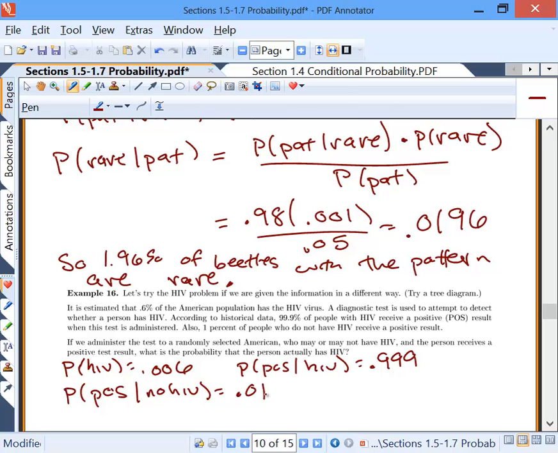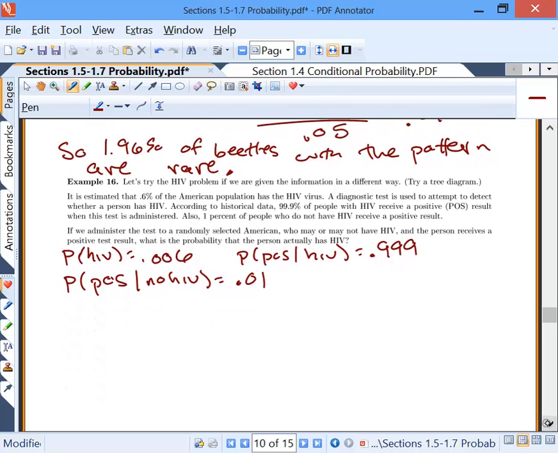Notice that they give us different information than last time, and we don't know the probability of the positive anymore. At this point, at least for me, it would be difficult to go through all the formulas I know to figure out the probability of positive. It's a lot easier if I just do a tree diagram.